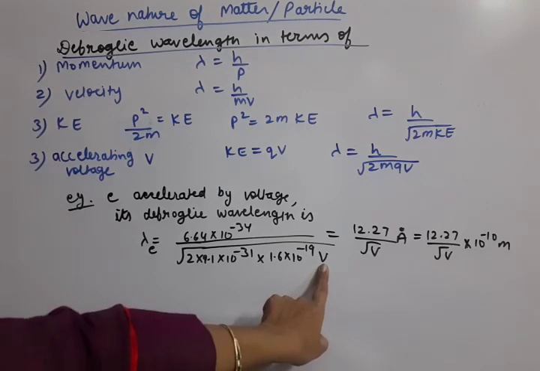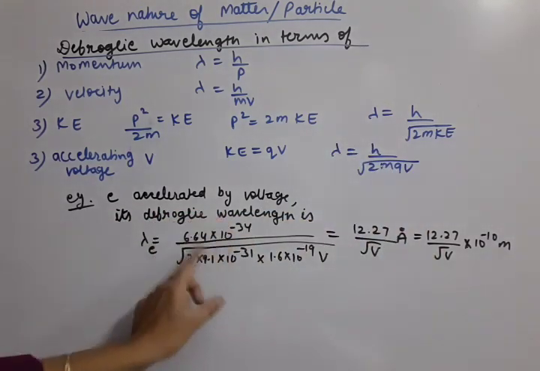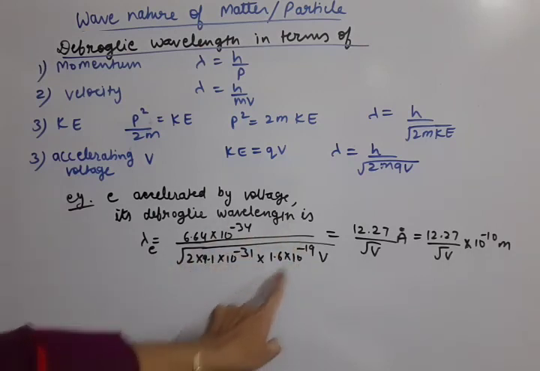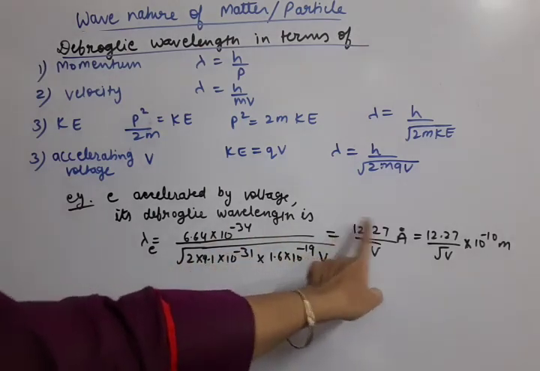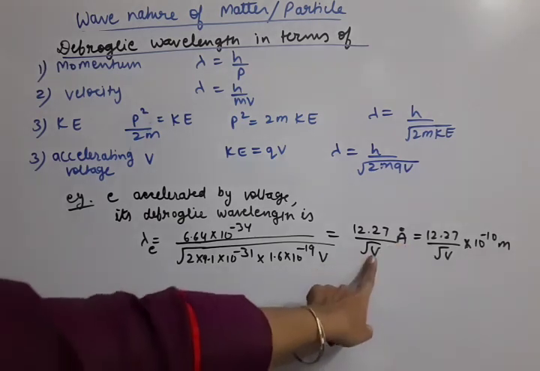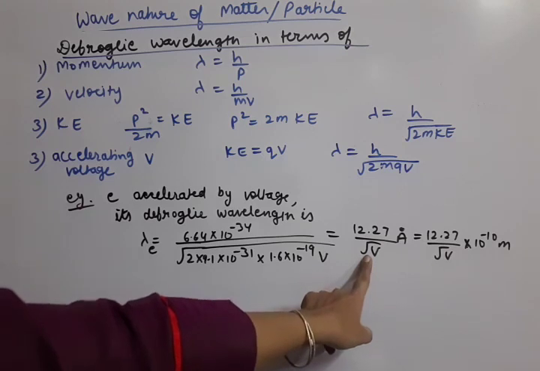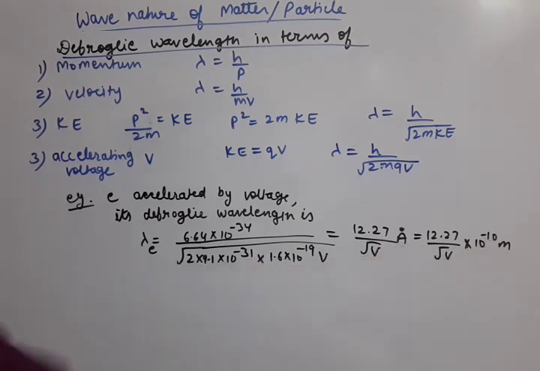Suppose the voltage is not given, but all the other factors are constants. If we solve all these other factors, 12.27 angstrom appears in the numerator, and root V is left unsolved in the denominator. So root V we have to solve according to the numerical, whatever value of the voltage is given to us. Angstrom means 10 raised to power minus 10 meter. All these formulas are for the numericals.